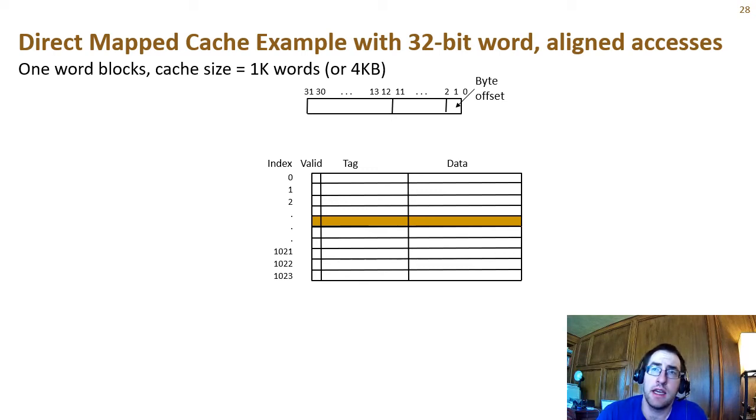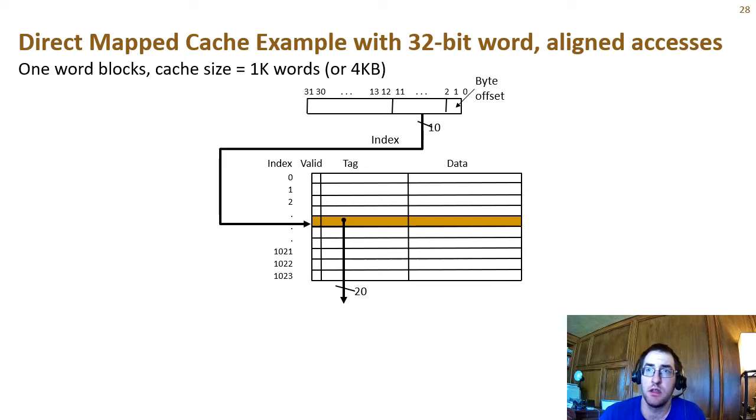So let's look at an example of how the cache works with direct mapped cache, assuming a 32-bit word, aligned accesses, and just storing a 32-bit block. So 1 word block and the cache size of 1 kilowords, which is just like the example we just talked about a moment ago. So the 10-bit index is used to select 1 out of 2 to the 10th rows in the cache.